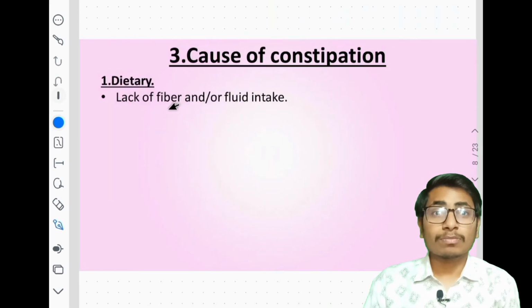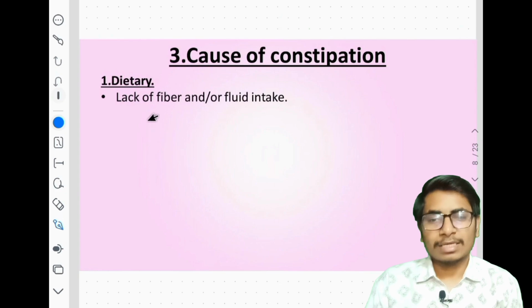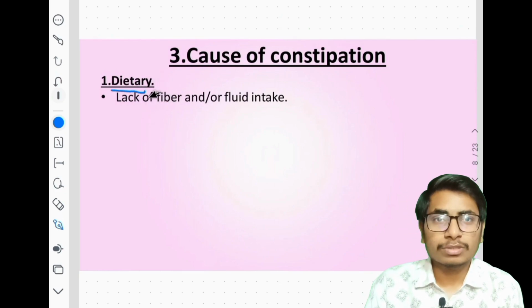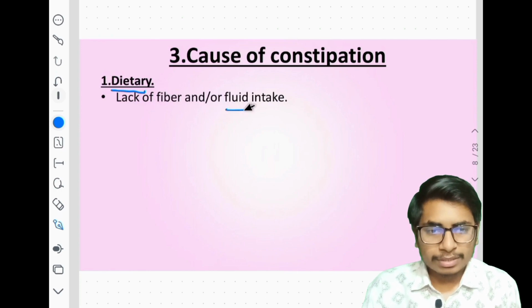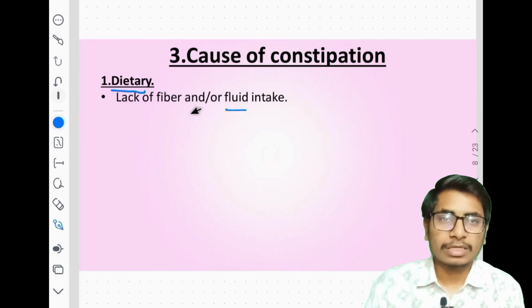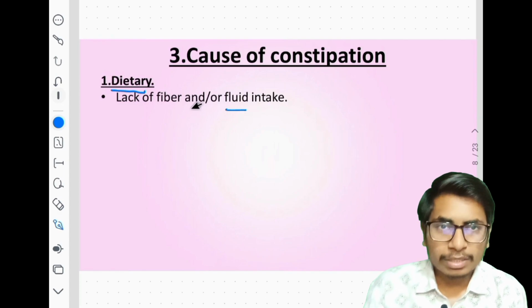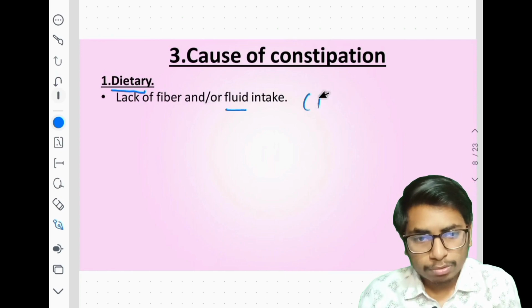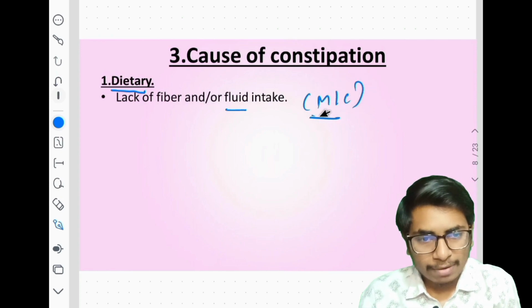Now we discuss the causes of constipation. As I said, first is the dietary cause, in which the person has reduced fiber or fluid intake, so the intestinal luminal content does not have enough water or fiber, and that produces constipation. It is the most common cause nowadays.